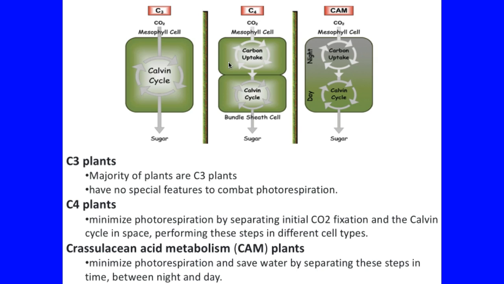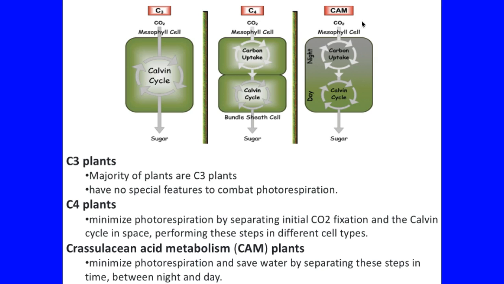So the mesophyll cell can actually do the carbon uptake for us, and then the actual Calvin cycle, where everything gets broken down and we basically need to regenerate the rubisco and all that stuff, can be done in a separate cell known as a bundle sheath cell. That way, the plant does not have all that free carbon dioxide just hanging out for photorespiration, for our rubisco to act upon it. So it's a really smart way for plants to avoid photorespiration.